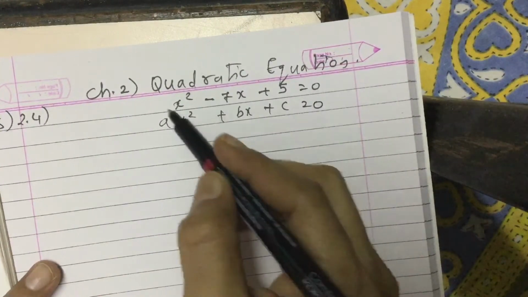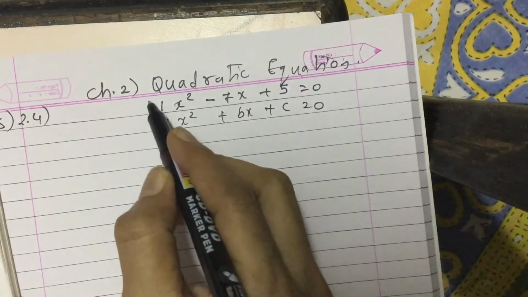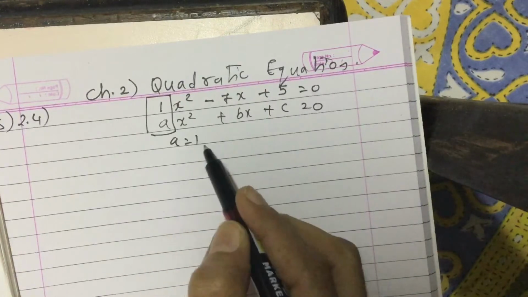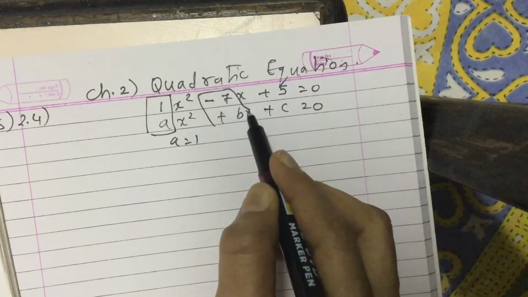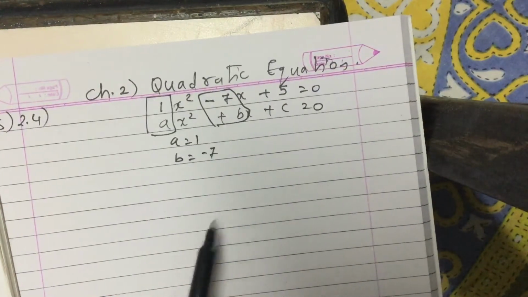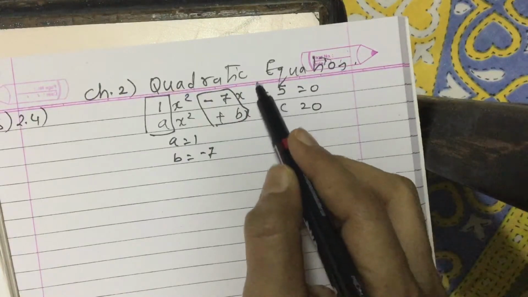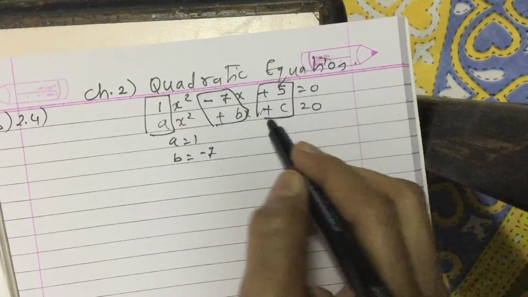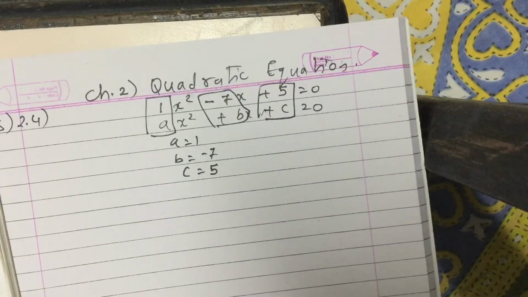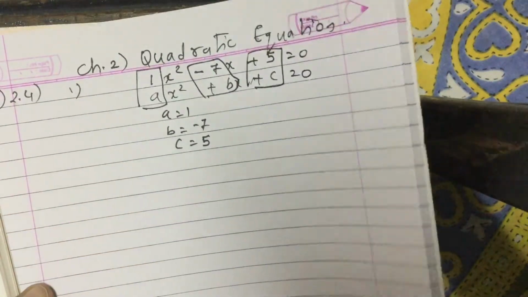Here you can see that at the a position 1 is there, so a is equal to 1. At the b position you will find b is equal to minus 7. We have to consider the sign also. At the c place 5 is there, so c is equal to 5. So a is equal to 1, b is equal to minus 7, c is equal to 5.